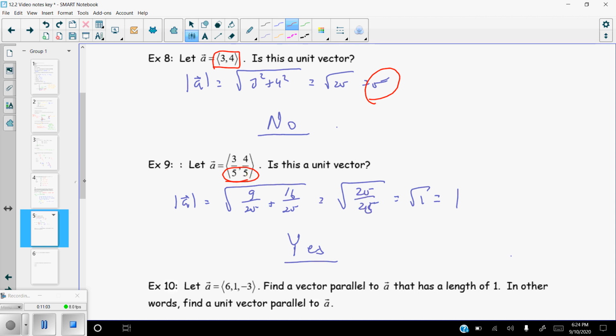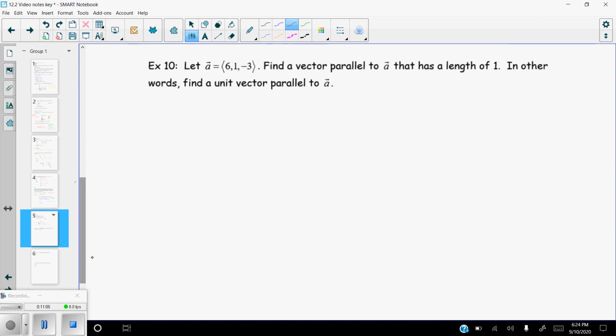So let's look at example 10. Example 10 wants us to take vector A and find a vector which is parallel to A that has a length of 1. Or in other words, find a unit vector, length of 1, which is parallel to A. If I want something to be parallel, it must have the same direction.